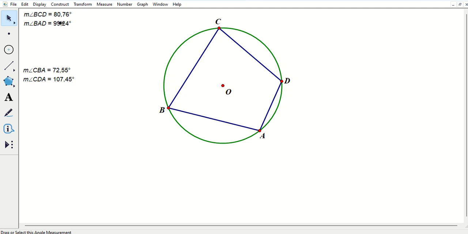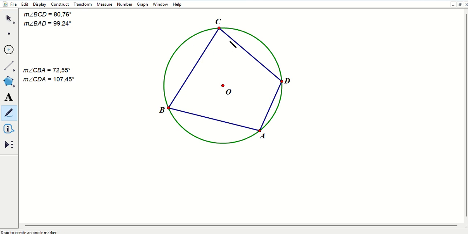Angle BCD is BCD, and the angle is at C. So we're looking at the angle C, and over here we're looking at BAD. So it's BAD, and we're looking at the angle A, and these angles are facing each other, meaning that they are opposite to each other. So let me just mark the opposite angles.